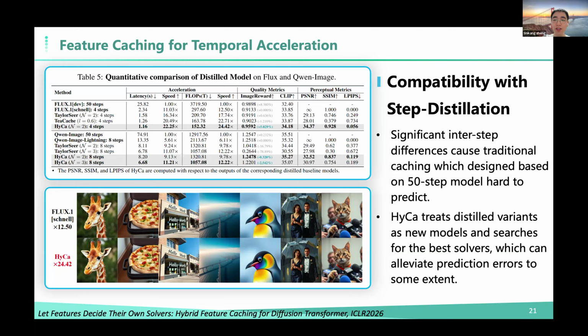However, HyCa treats these distilled variants as new models and searches for the best solver as well, which can alleviate the prediction errors to some extent, but not fully solve them. We will talk about this question later. So we can also achieve about 2 times acceleration even on the distilled model, so in total about a 25 times acceleration ratio.